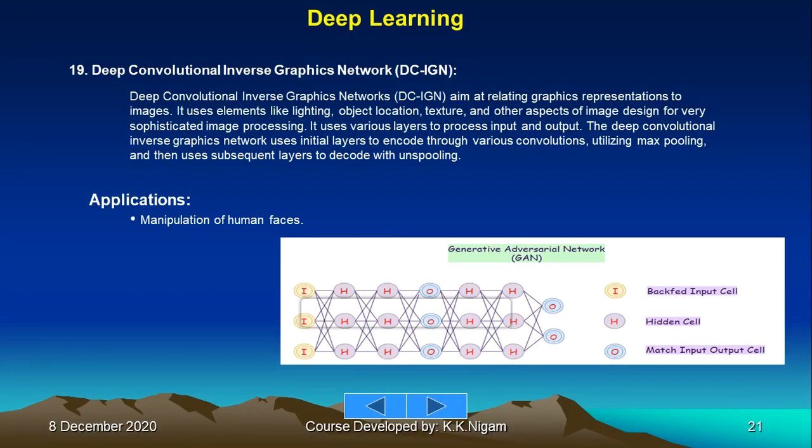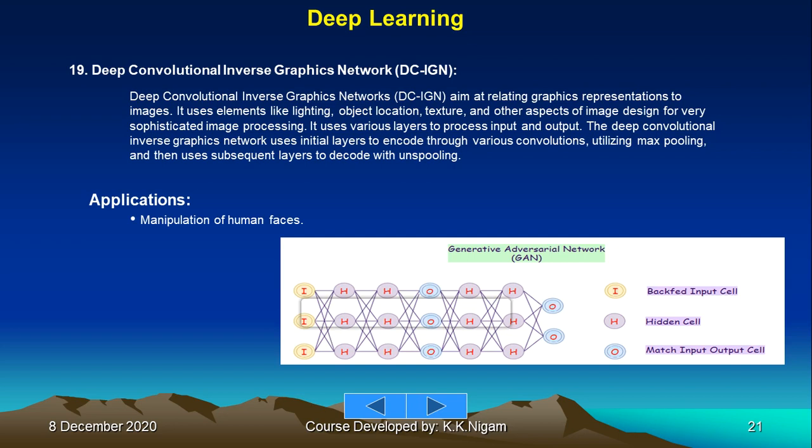Now, deep convolutional inverse graphical network, that is DCIGN. Deep convolutional inverse graphical networks aim at relating graphics representations to images. It uses elements like lighting, object location, textures, and other aspects of image design for very sophisticated image processing.